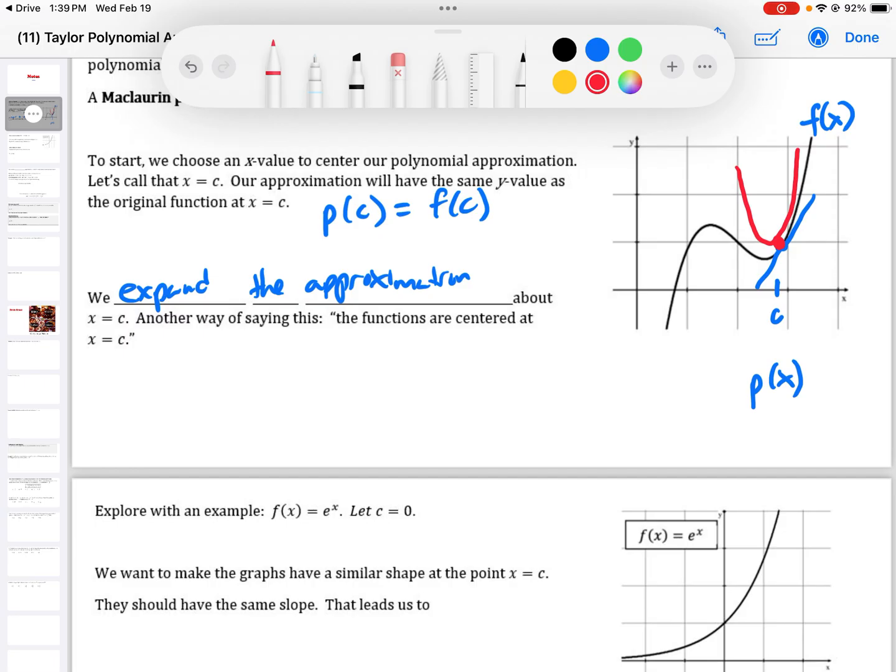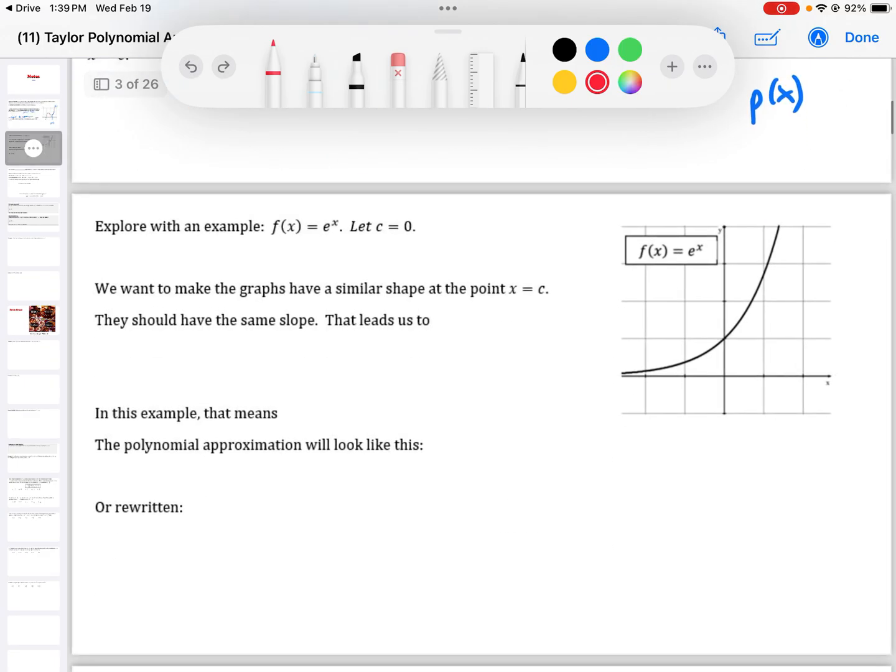So the derivative would be the same there. So the slope of the curve, that rate of change, is going to be the same, and it's going to have the same point. It's going to have the same first derivative and the same second derivative. So it's going to have the same curvature. And then the more degrees I do, the better it might be overall.